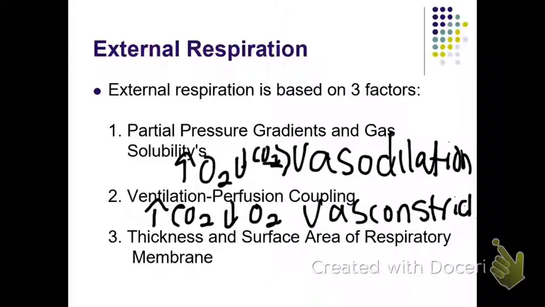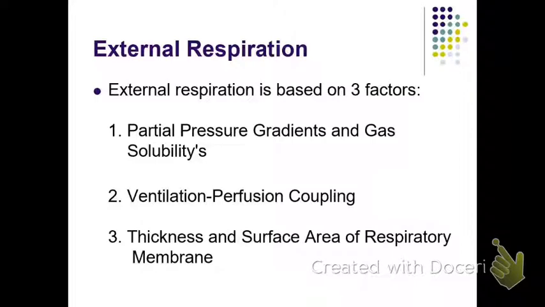And then finally, we have the thickness and surface area of the respiratory membranes. And typically, the respiratory membranes are about 0.5 to 1 micrometers in thickness. And they are this small because it allows for the maximum efficiency for gas exchange.